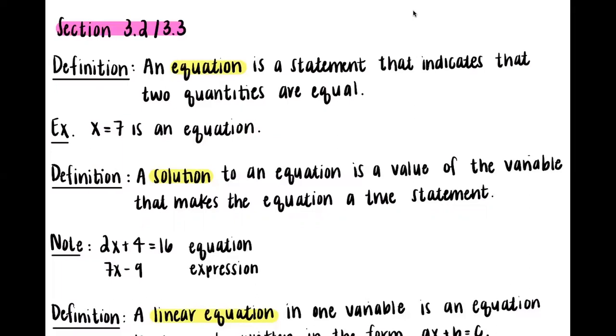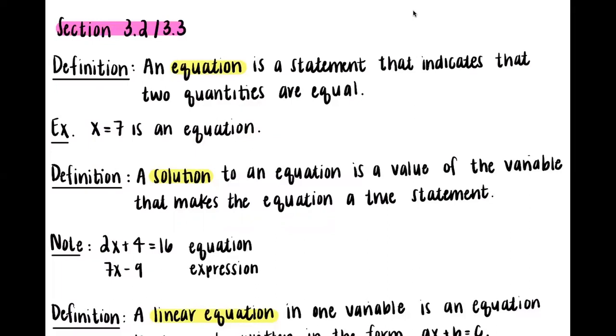The answer to that puzzle is what we call the solution. What we're really trying to find, the whole name of the game, is finding out what this letter is equal to. Whoever that letter is equal to, that is the solution. That is the value that makes these statements true. Every other case would make it false. So that's what we're looking for here.